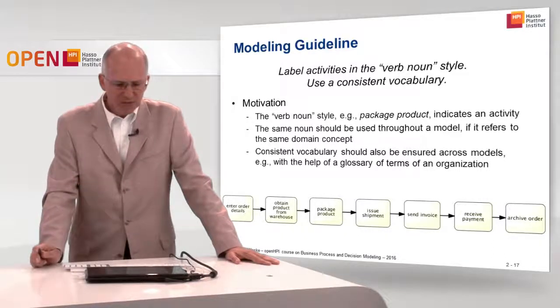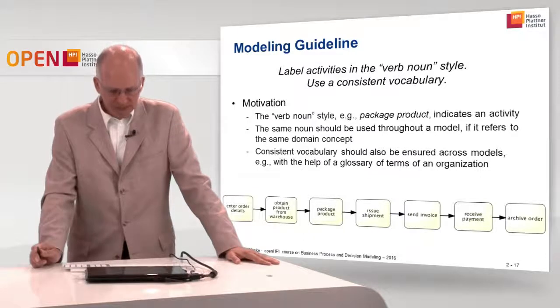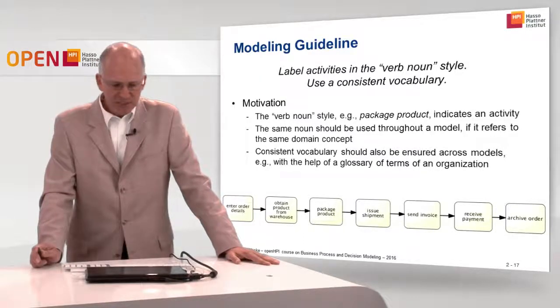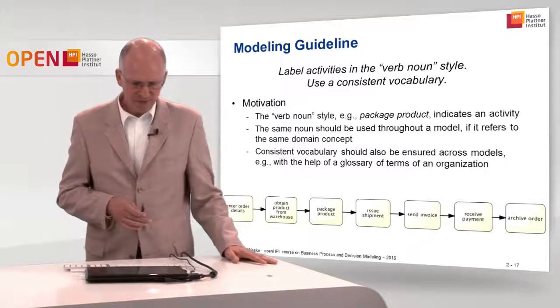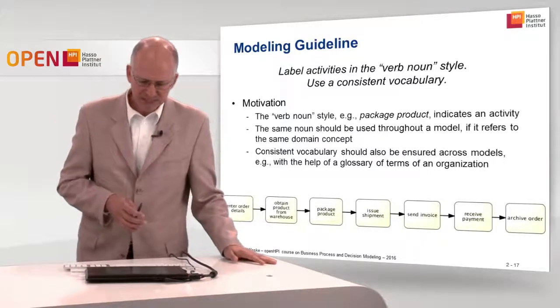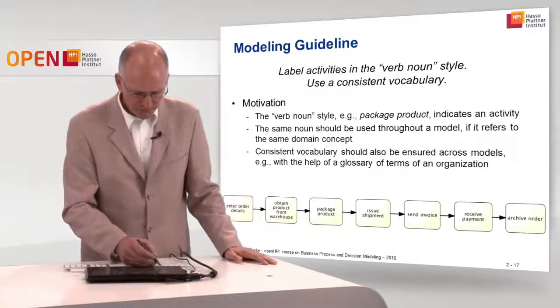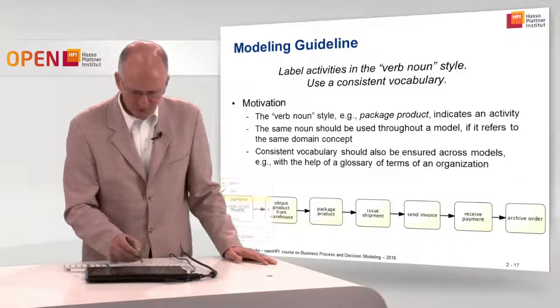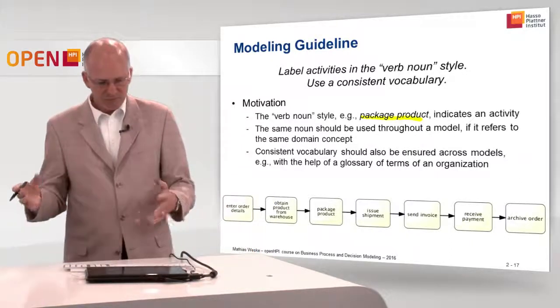In order to do that, we should label activities in the verb-noun style, and we also need to use a consistent vocabulary. To motivate this, the verb-noun style indicates an activity, for instance, package product. Package product is verb-noun style, because we package the product.